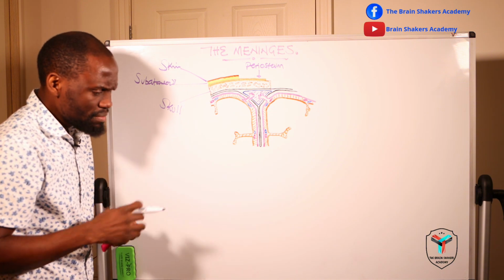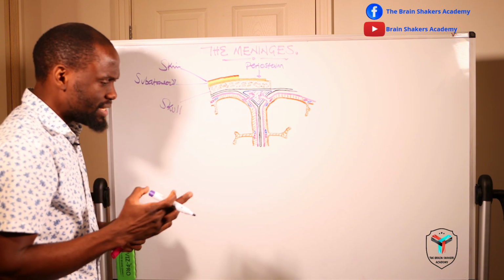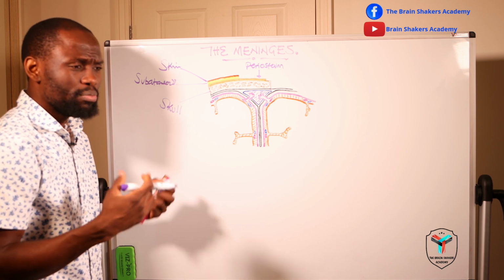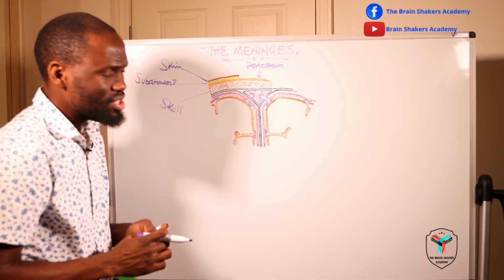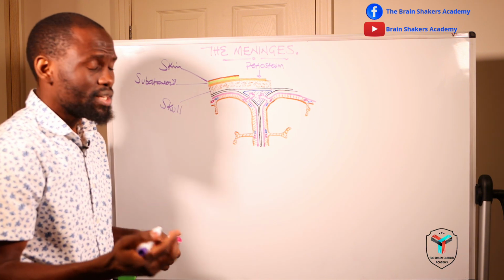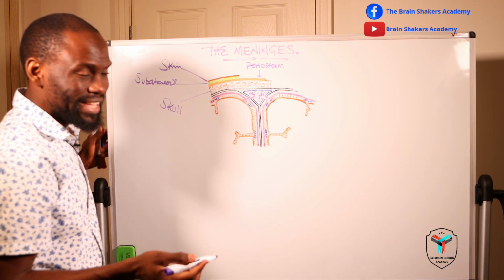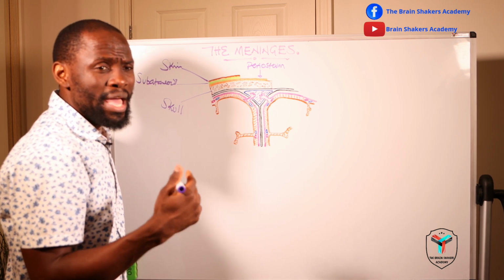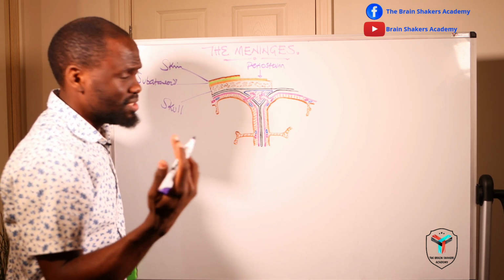Now, we did make mention that there are three main layers, or three main meninges, that we're going to be looking at. But it would be important for us to understand these three main meninges, to divide them into two, meaning that we have the cranial meninges and we have the spinal meninges. Then we'll come to look at them and understand where the difference is.